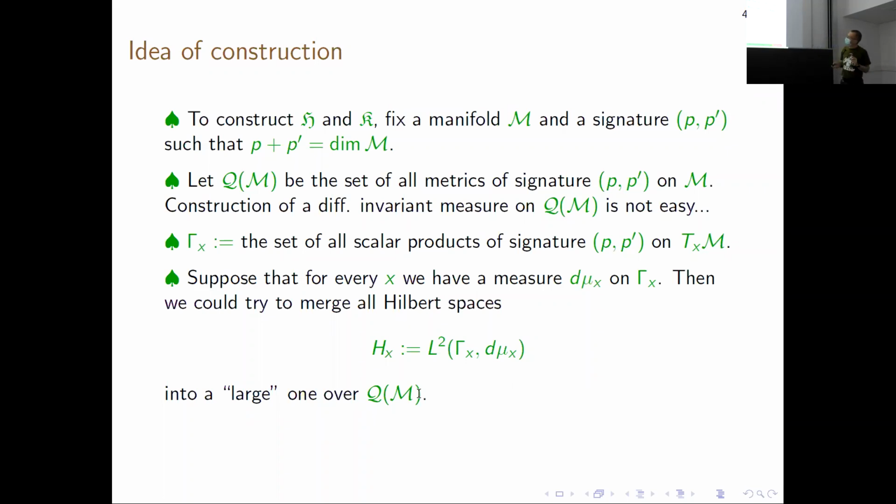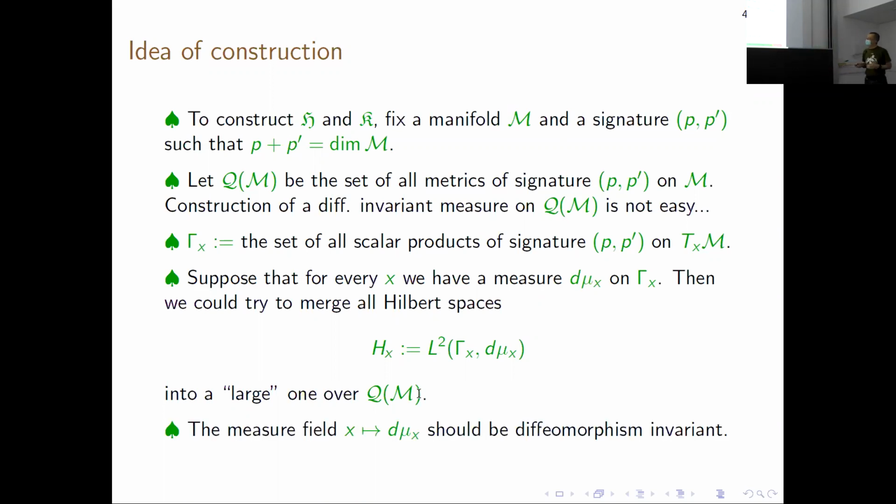But I would like this large Hilbert space to be equipped with a diffeomorphism invariant inner product, and therefore it is reasonable to assume that this assignment, which I will call a measure field, used to obtain this large Hilbert space is diffeomorphism invariant. So now I would like to explain how I will construct such a diffeomorphism invariant field of measures.